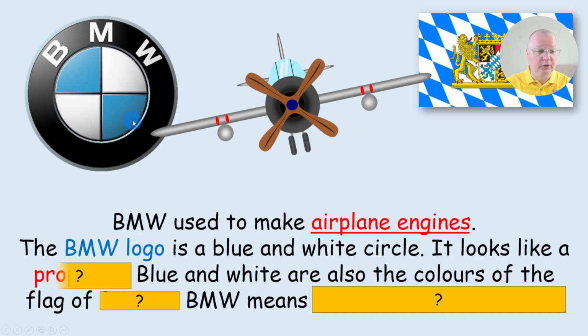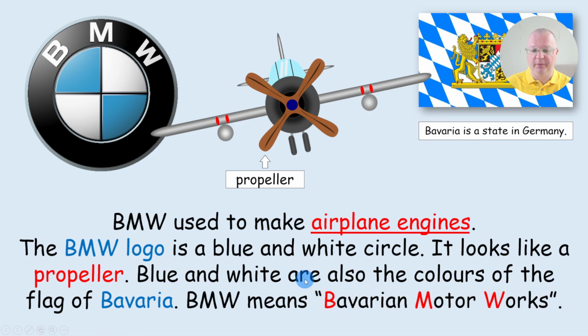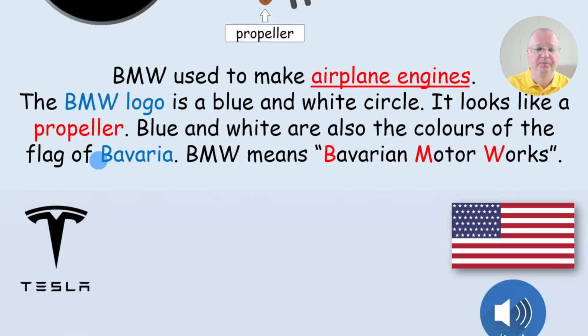It actually looks like a propeller. Blue and white are also the colors of the flag of Bavaria, which is a state in Germany. And BMW means Bavarian Motor Works. So there's a lot of information that you can retrieve from a very, very small car logo.